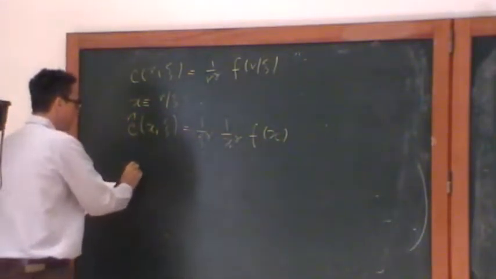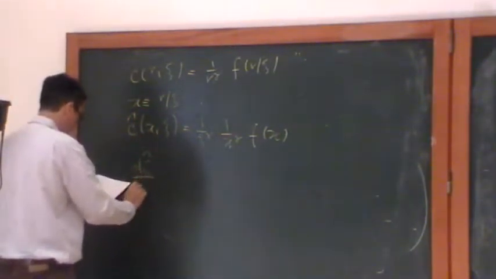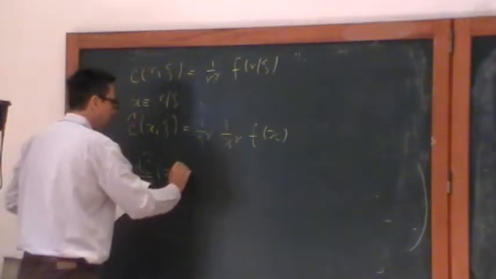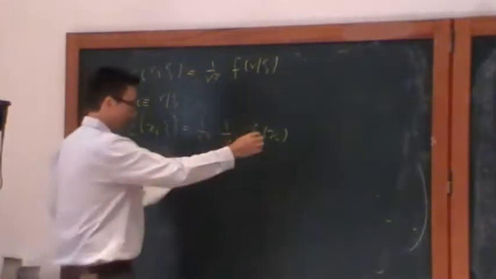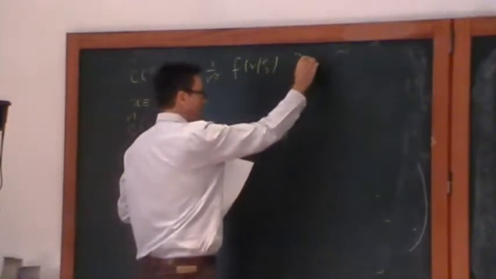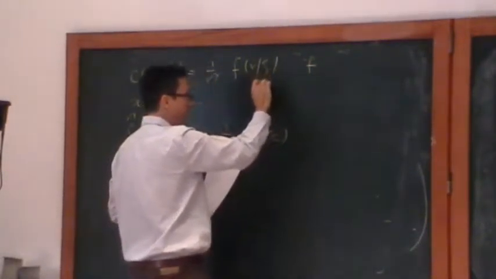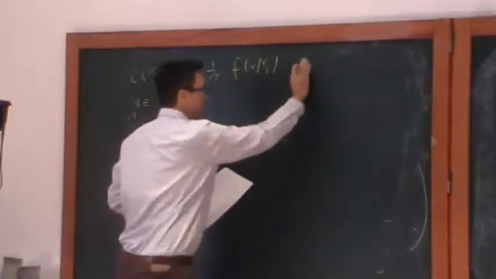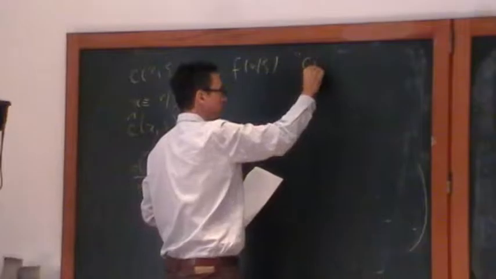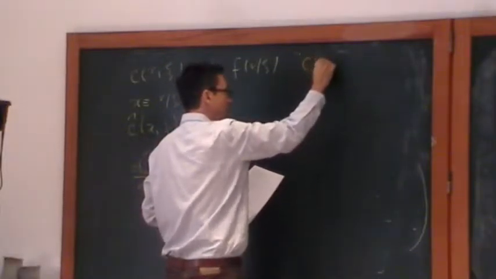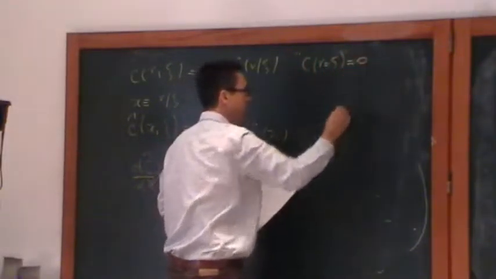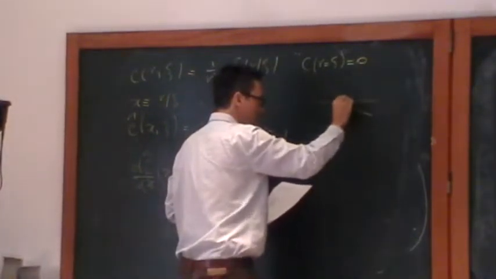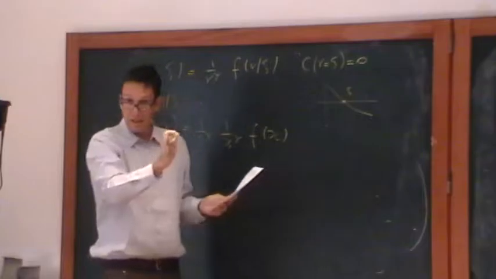So now the important point is the derivative of c hat with respect to x at x equal to 1. Remember that our definition of xi is the point where this is 0. We define xi as the point where c of r equals 0.